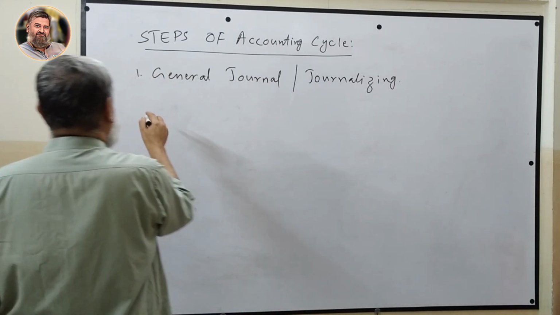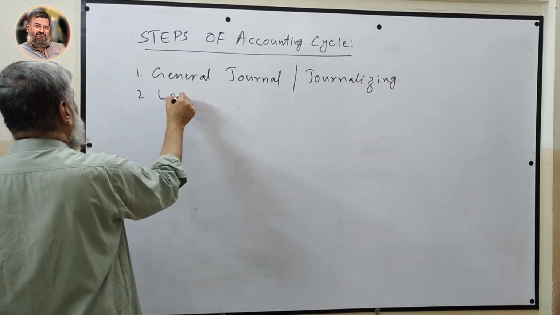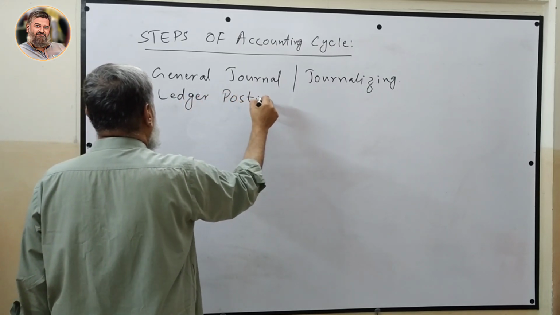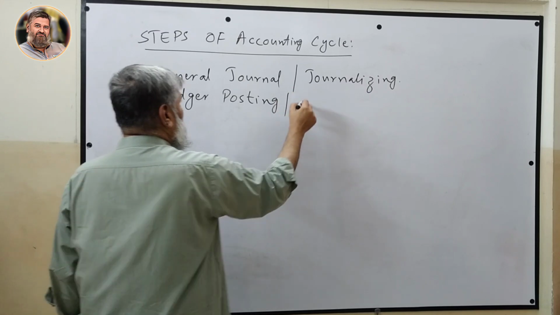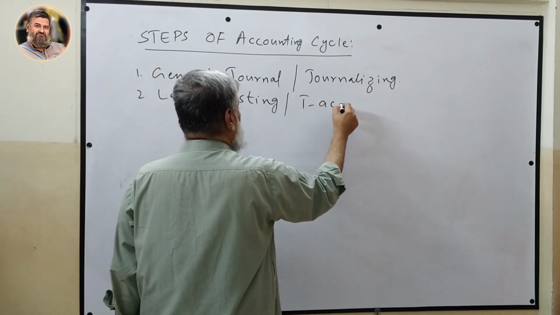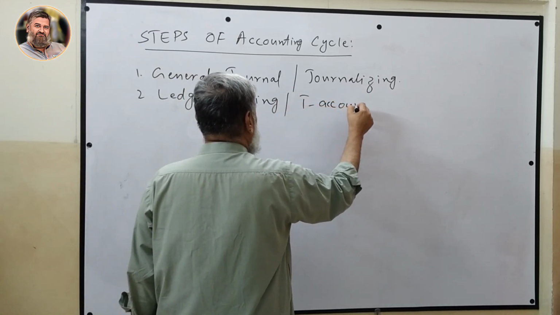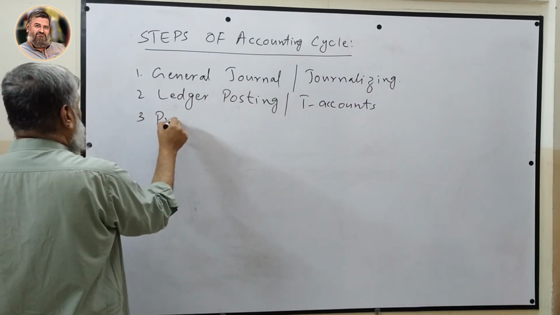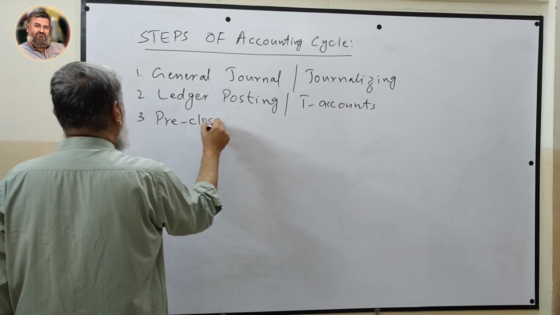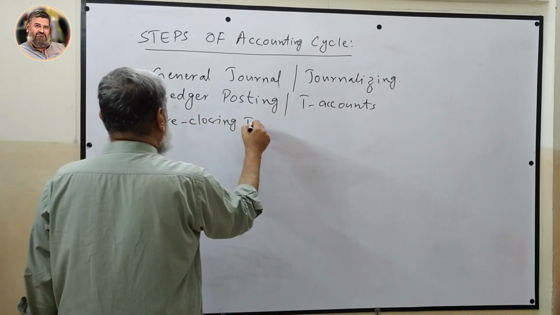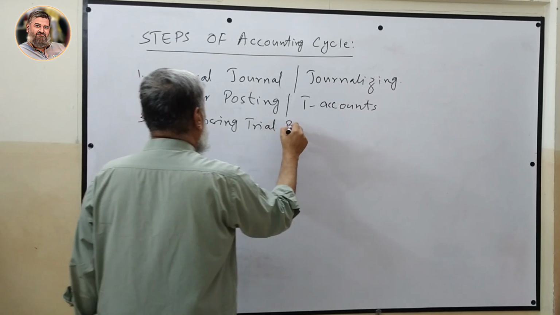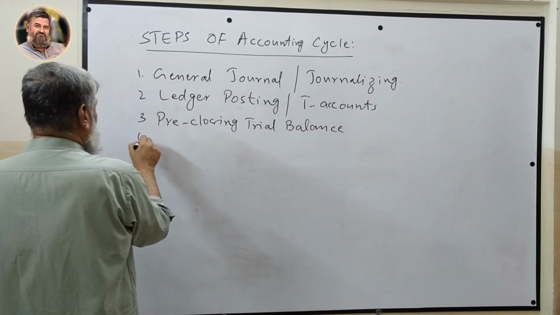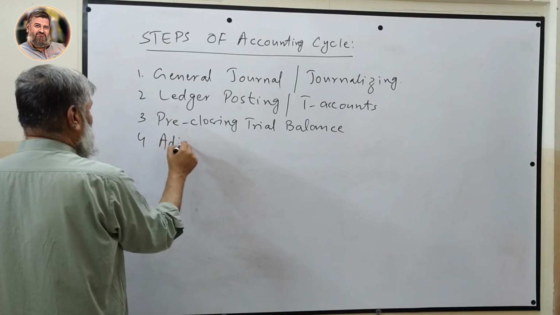The second step is called ledger posting, and in skeleton form it is called T accounts. The third step is the pre-closing trial balance.